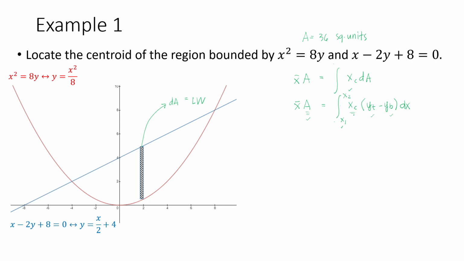But we don't know the value for x sub c. Now, in locating the value for x sub c, you just have to locate the centroid of your differential area. Diba? So again, in the formula, sum of individual components. So the centroid in terms of x of the differential area.